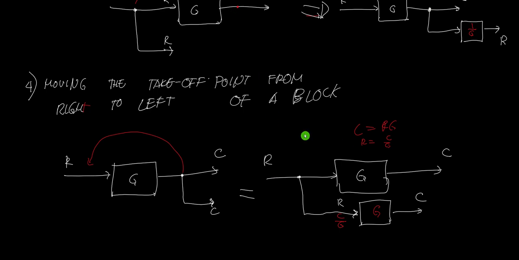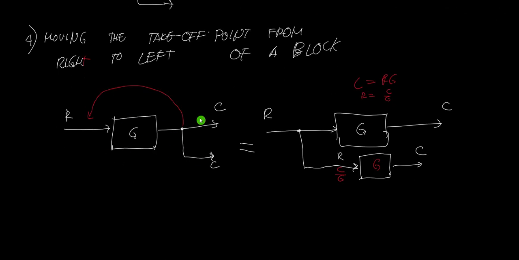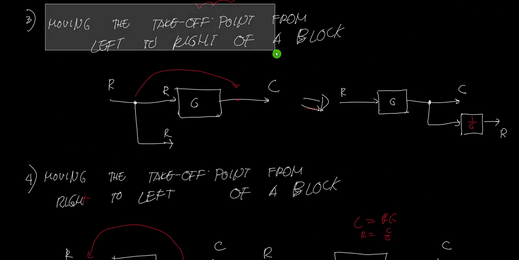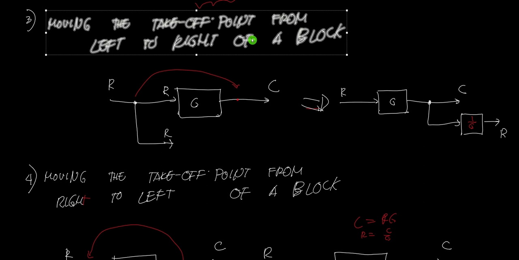Now, what if the point that I am moving is not a takeoff point, but the other type of point? We call it the summing point. What if I'm moving the summing point from left to right, or right to left, of a block? Instead of a takeoff point, I'm moving a summing point.